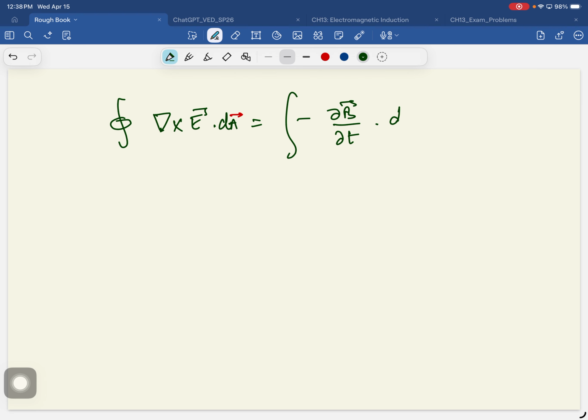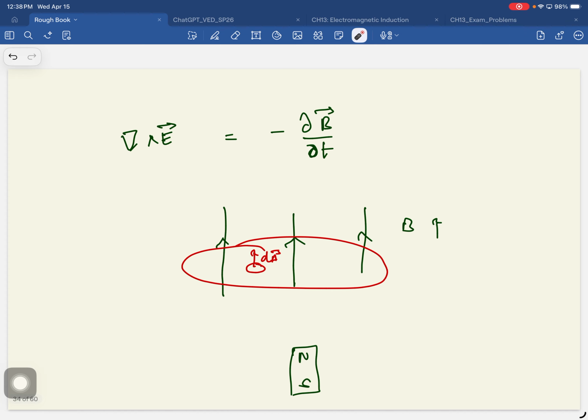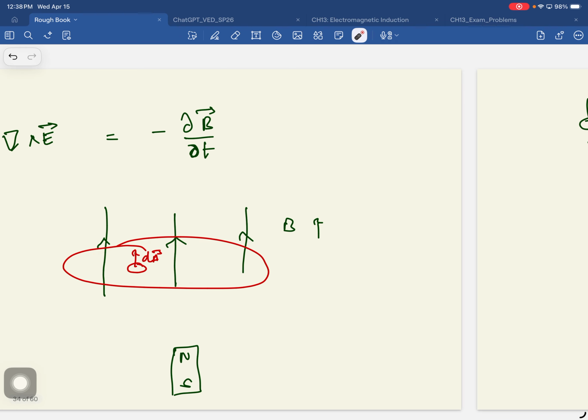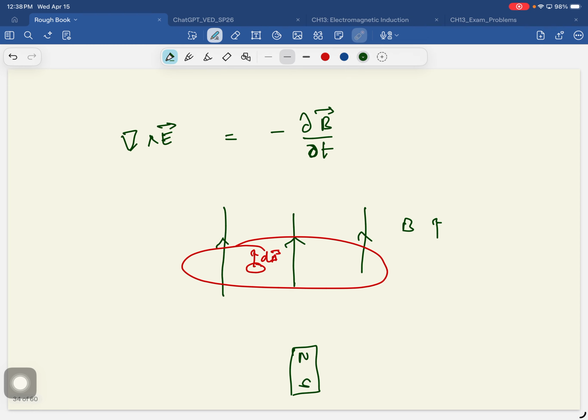And Mr. Stokes will tell you, when you do this in Calc 3, that this surface integral over this surface is equal to a line integral of the electric field going around the boundary.